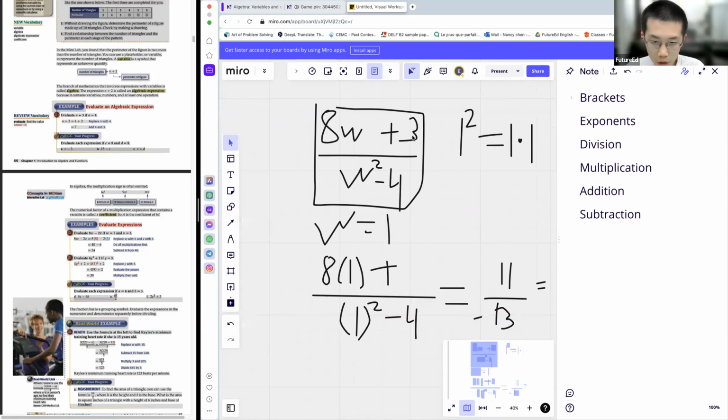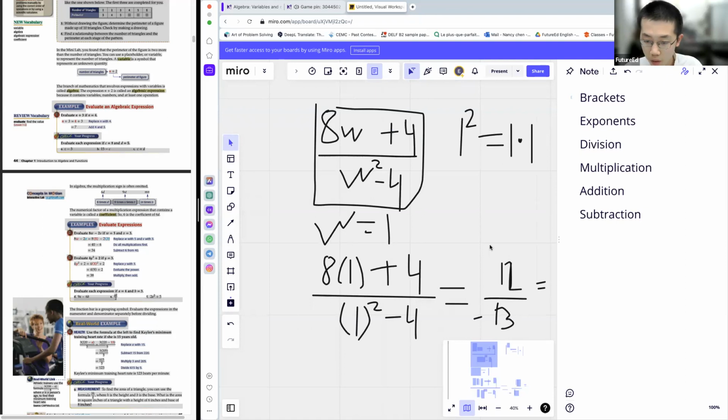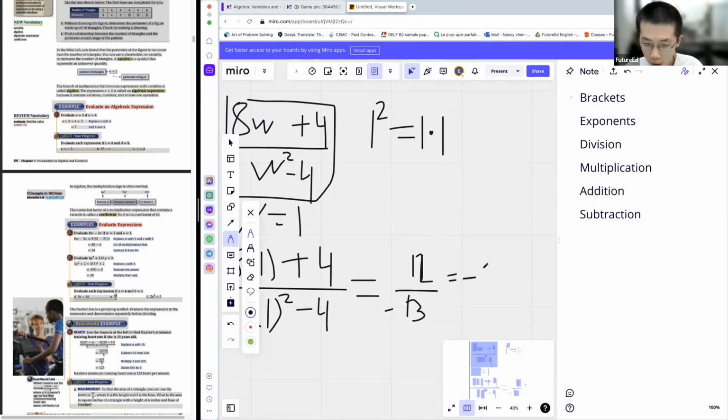So instead of plus 3, I'll make this plus 4, so we get whole numbers instead of fractions. So 8 plus 4 is 12, and 12 divided by negative 3. What's 12 divided by negative 3? Negative 4. Okay, so we see here that the final answer will be negative 4.